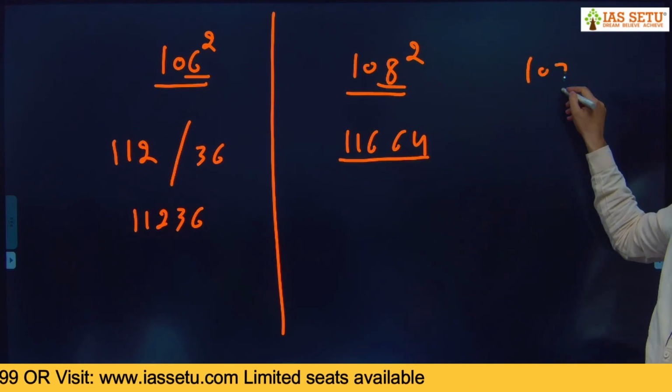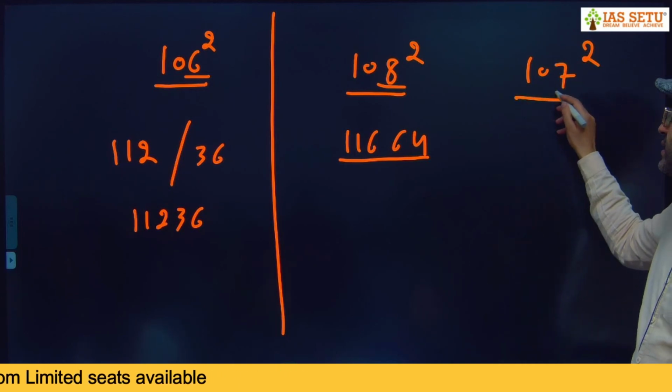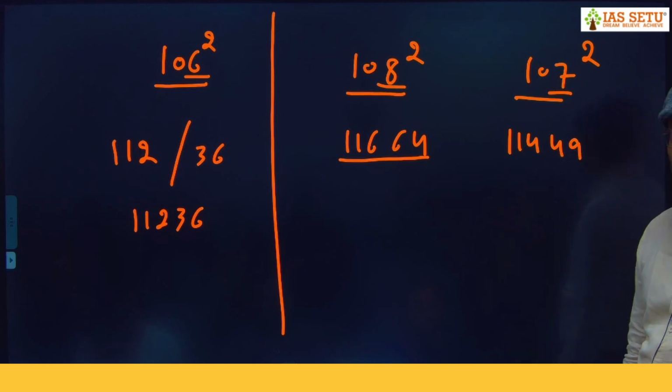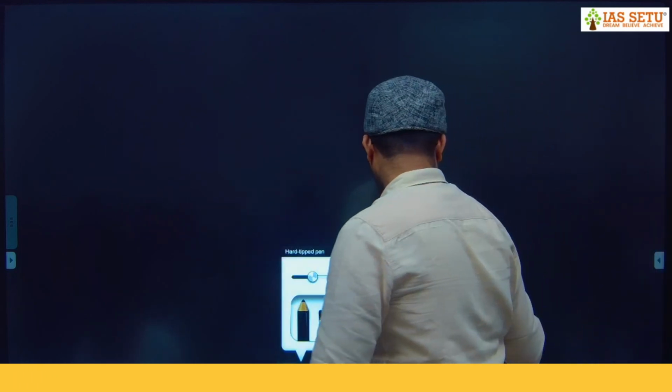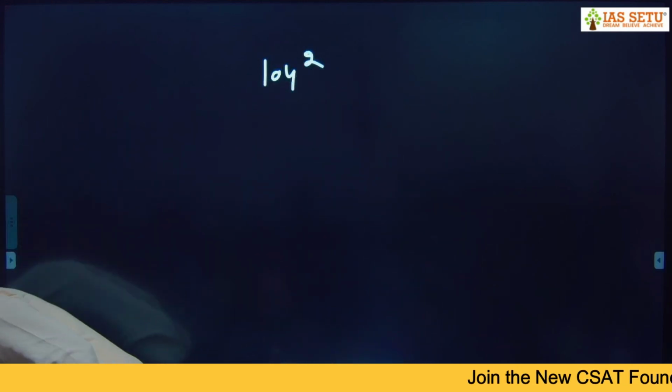Now try 107 square. 107 plus 7, 114. 7 square is 49. Okay. Try one more. 104 square.